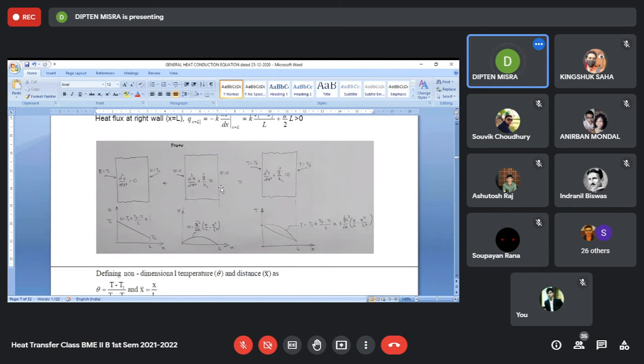The same magnitude has to come out. So whatever heat is generated, what is the rate of heat generation? It is equal to G dot into V. What is the net rate of heat generation?